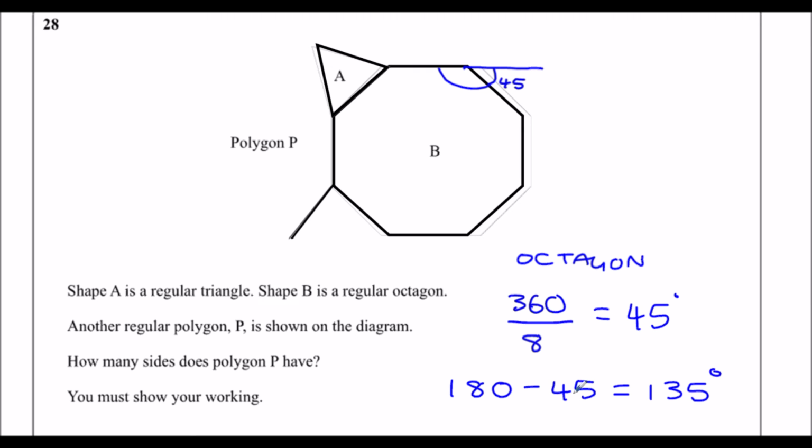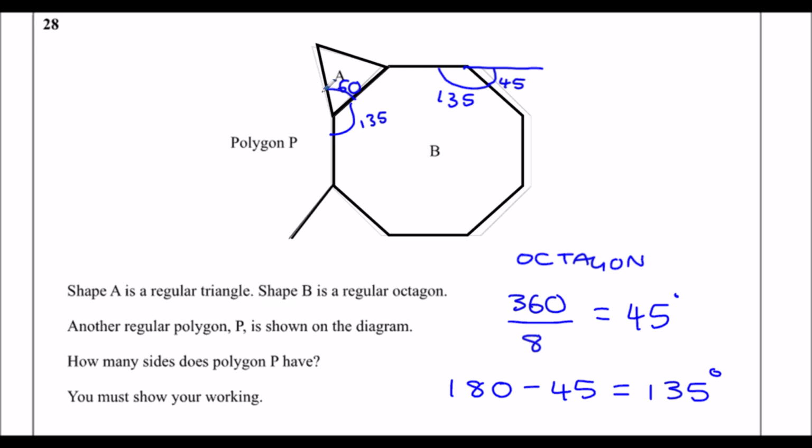So 180 take away 45 tells us the interior angle is 135 degrees. And it's a regular octagon, so every interior angle is the same. They're all 135 degrees. A regular triangle is an equilateral triangle, and each angle in an equilateral triangle is 60 degrees.